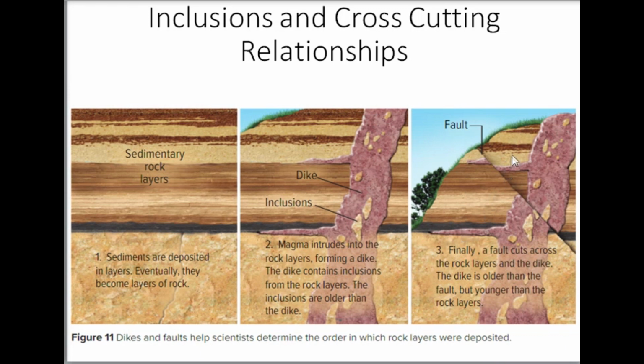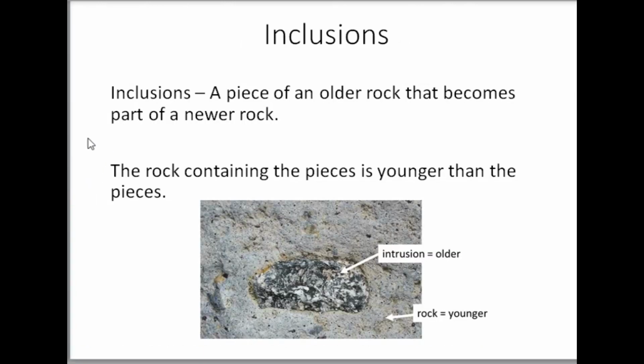So younger, younger, younger, younger. This is younger still, and this fault line is the youngest of them all. Here we are summarizing inclusions with a nice little definition: a piece of an older rock that becomes part of a newer rock, and they are older than the rock that surrounds them.